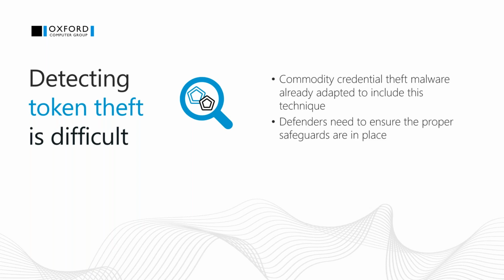Just last year, there were a number of incidents of token theft that occurred in very large organizations, which led to business email compromise scenarios. And it took several weeks before it could be detected and found out. So defenders need to ensure that the proper safeguards are in place.